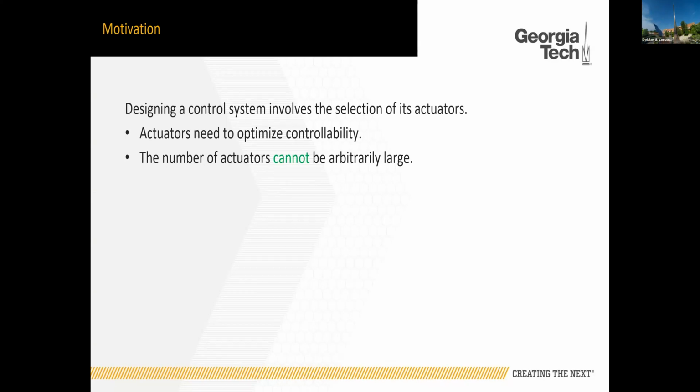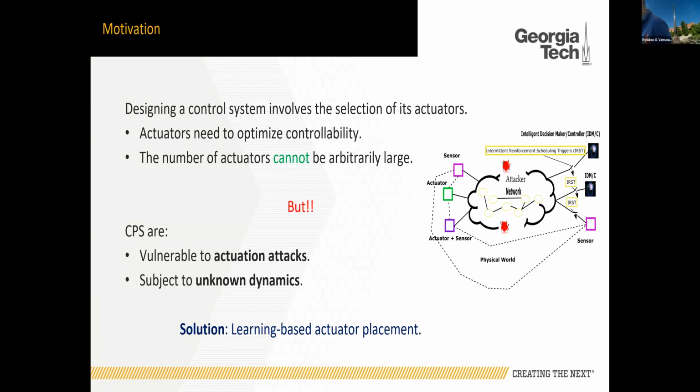Of course, whenever I pick the actuators, I always have to optimize controllability. And since I care about cost, I cannot include 1 million actuators, because then the problem would be infeasible to even place them.